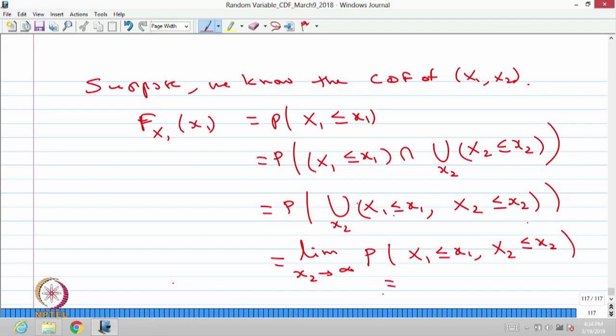That is the same as the limit as x2 tends to infinity of capital F of x1 with x2.